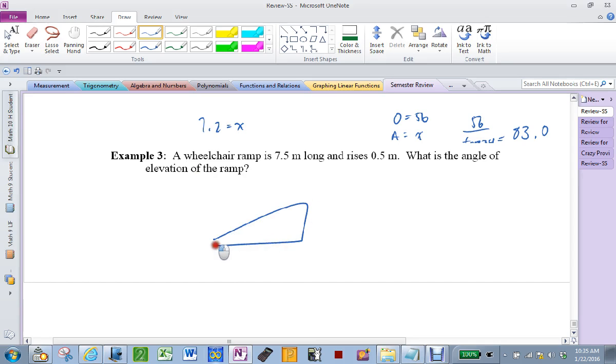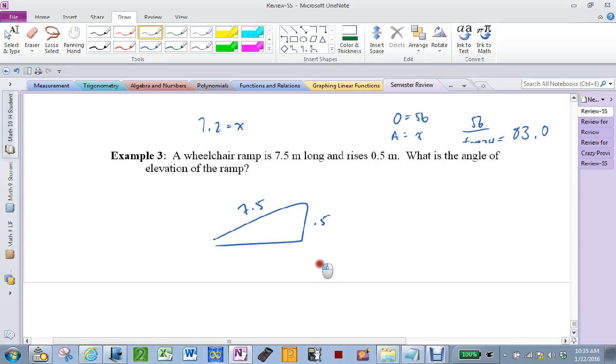The ramp is 7.5 meters long. Where's the ramp? 7.5. Because if you're going up a ramp, you don't go along the ground and go straight up the wall, do you? You go up the ramp. And it rises 0.5.